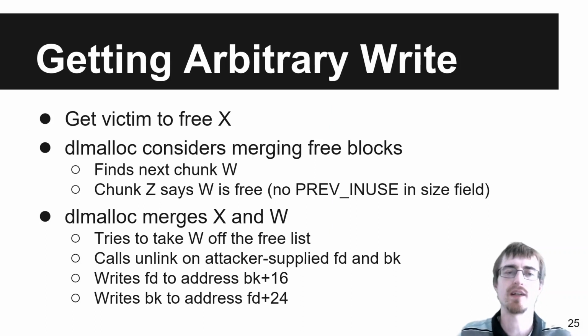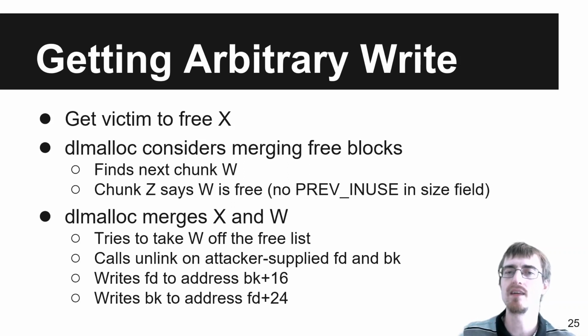So, how to get an arbitrary write? Get the victim to free X, which the victim might already do, or which the attacker might be able to trigger through the exploit that they send. Then dlmalloc, when freeing X, will consider whether to merge free blocks. It finds the next chunk W, and then looks for chunk Z, which follows it, and which says that W is free, because prev in use is not set.